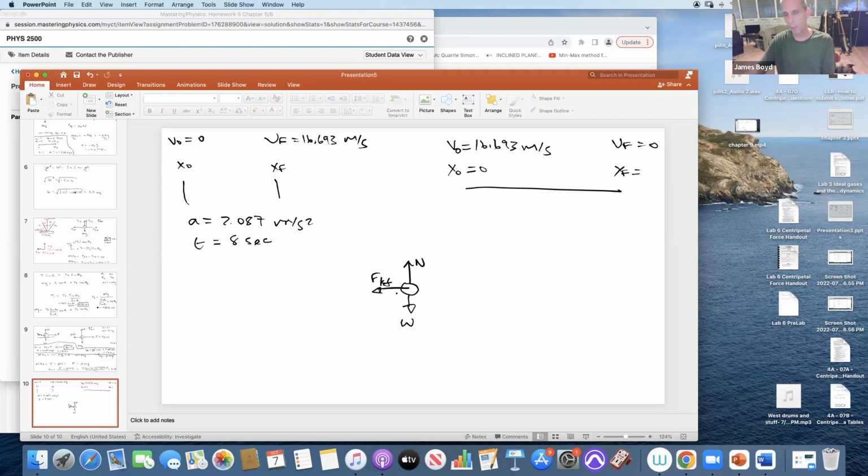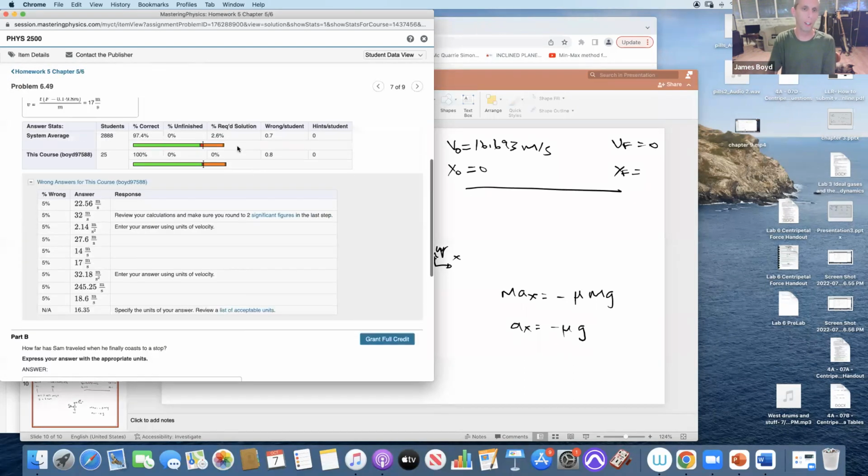There's no more force anymore because we ran out of fuel. What that means is ma_x is equal to negative mu N, which is negative mu mg. So a_x is negative mu g. Mu was 0.1, right?